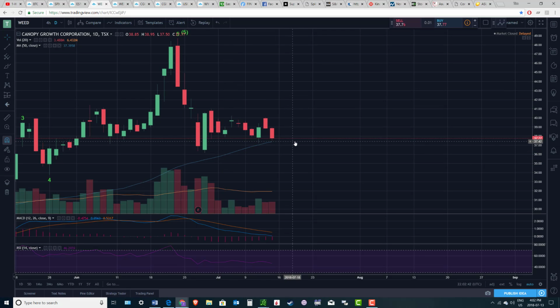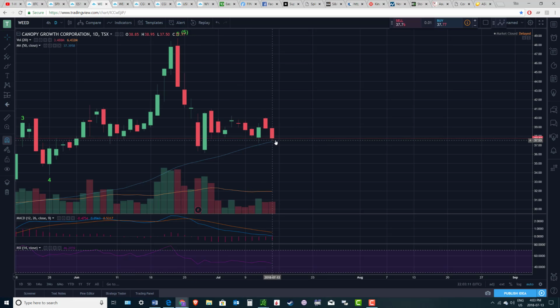You'll see that we've just come down and basically reacted off that 50-day simple moving average, and that's a common area where institutions, if they're looking to be long a certain stock, add to a position or establish a new position if they're not already long. So it's nice to see it react off of that 50-day simple moving average.